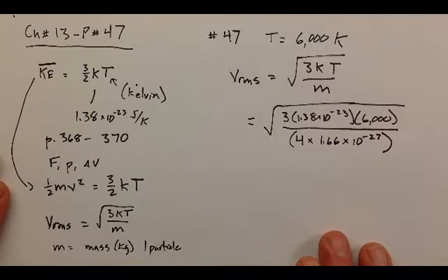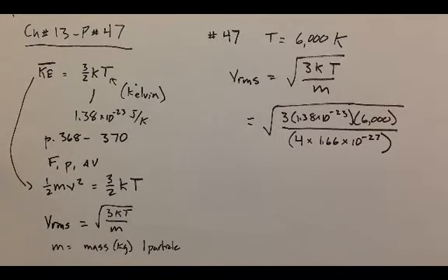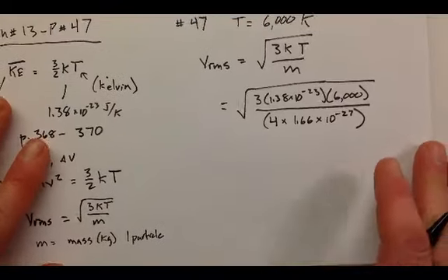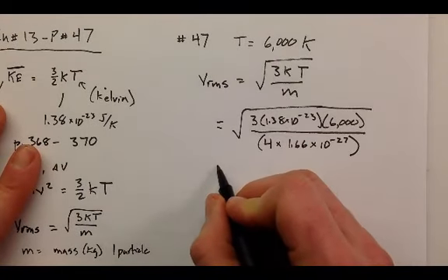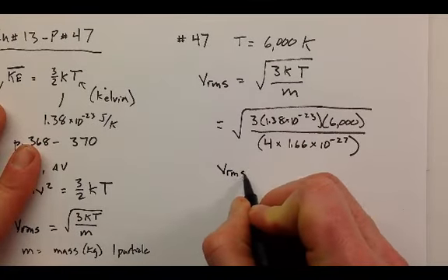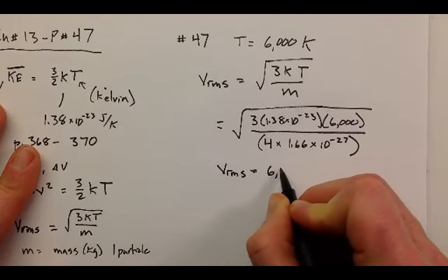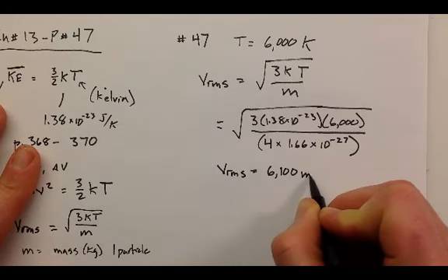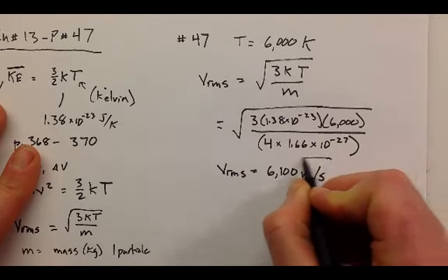So if we plug all of that into our calculator, we should get an answer that looks something like this. This is 6,100 meters per second. So the average helium atom near the surface of the sun is traveling at 6,100 meters per second, which is kind of cool that we can figure that out when you think about it.